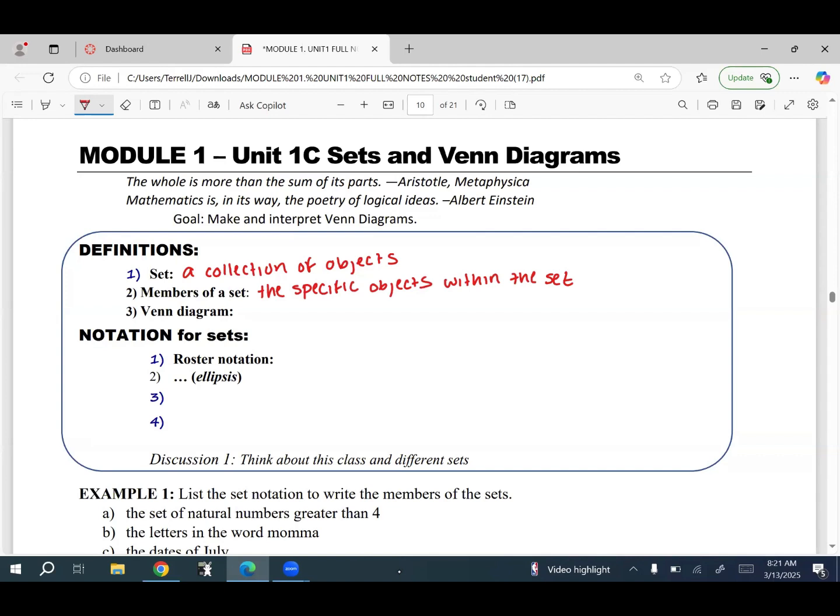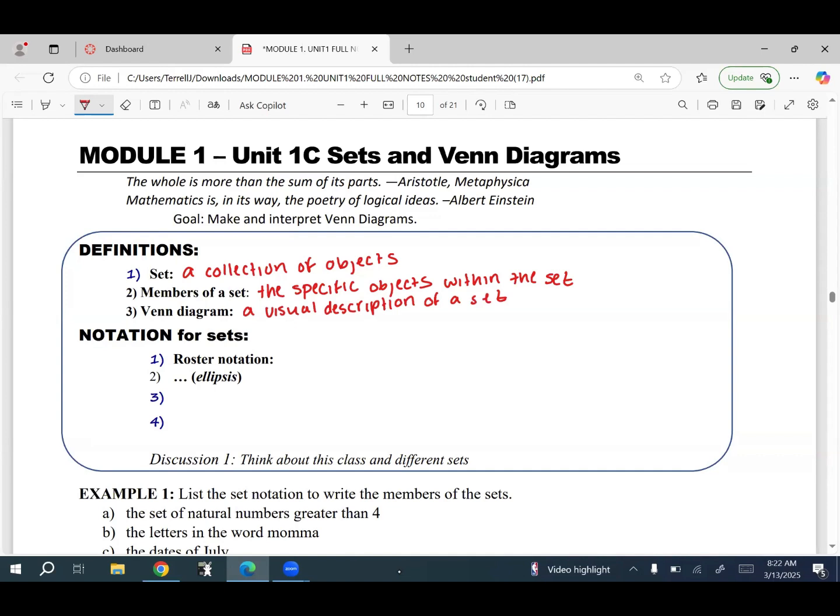And then we use a Venn diagram, and that's basically a visual way of describing a set. So I'll write here: a visual description of a set.